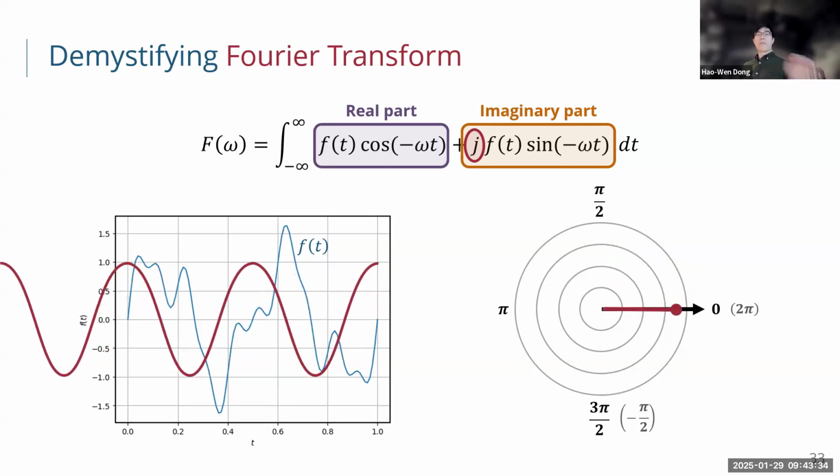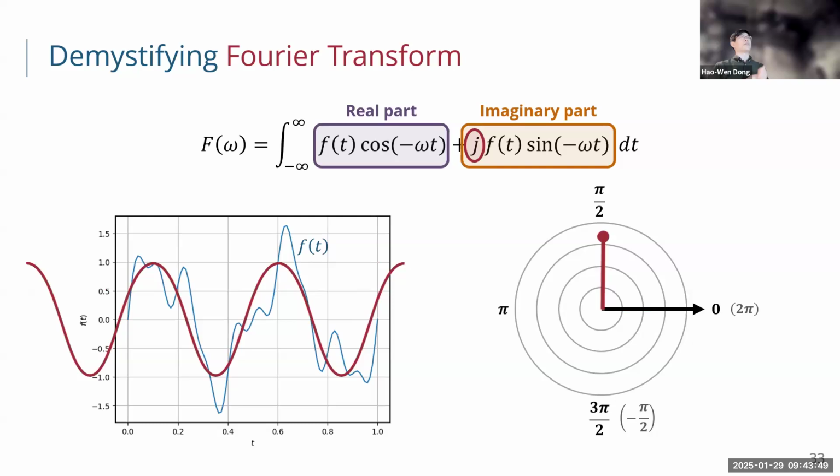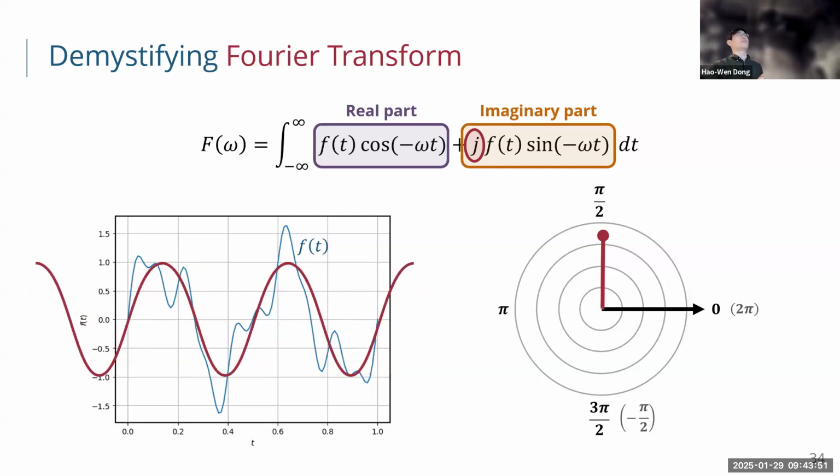So this is the cosine wave. How you do it is that you have this cosine wave, and then you check whether the signal has this component, and then you shift it by 90 degrees, and you get this sine wave here.